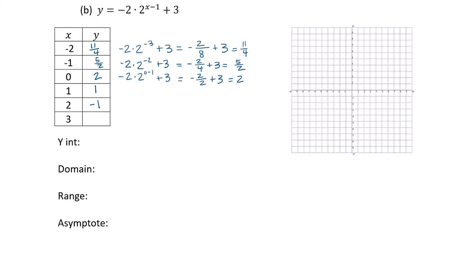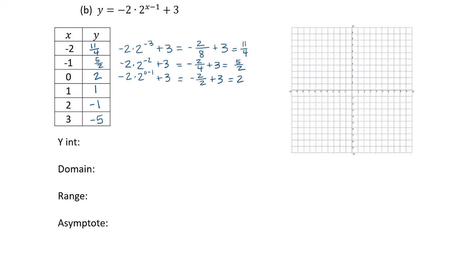Let's try a 3. 3 minus 1 is 2. 2 squared is 4. 4 times negative 2 is negative 8. Plus 3 is going to be negative 5.